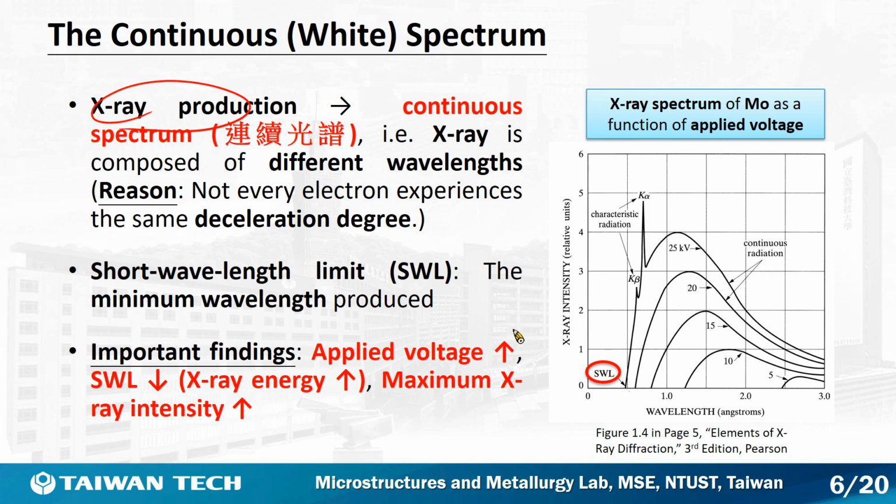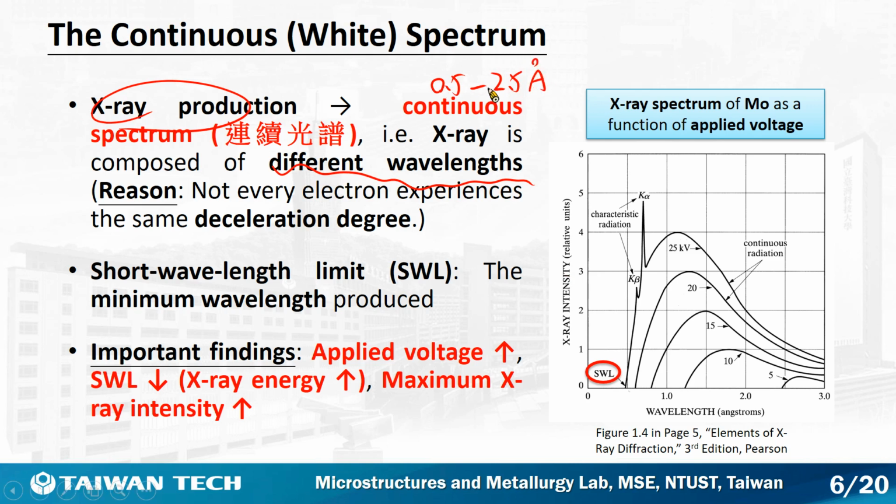And here we can see a continuous spectrum. That is because X-ray is actually composed of different wavelengths. As we can see from previous electromagnetic spectrums, it has a range of 0.5 to 2.5 angstrom.